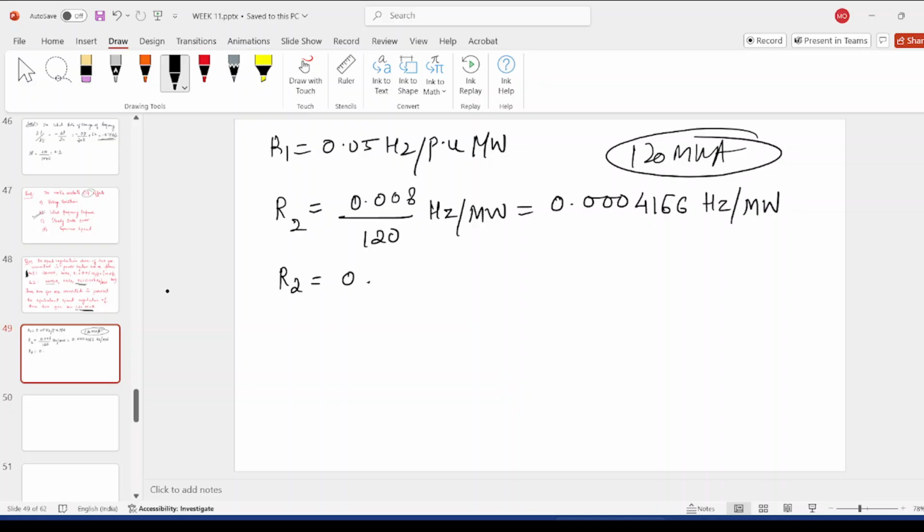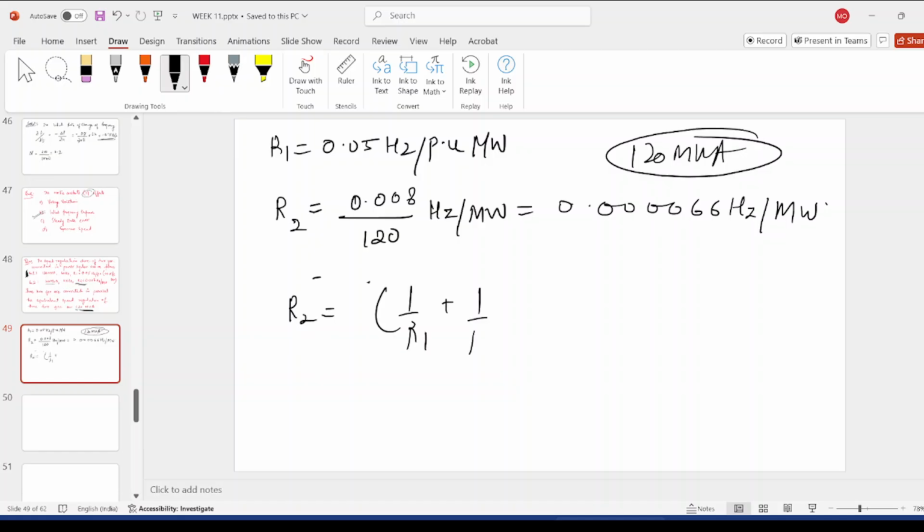So its value will come out to be 0.000066 Hz per megawatt.